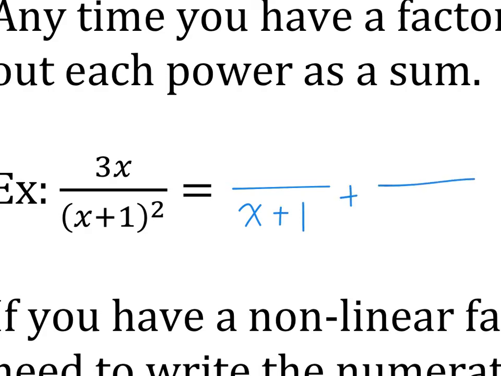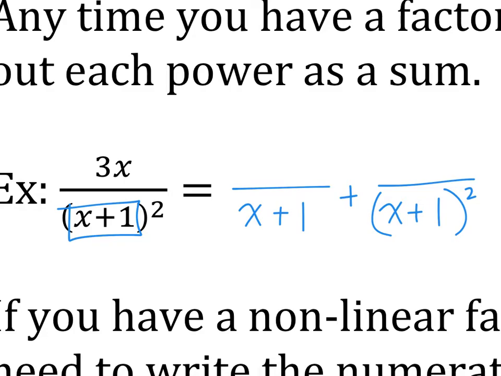So anytime you have a factor that's repeating, you have to write it again, but one power higher. Does that make sense? This is an x plus 1 factor that repeats itself. So when it repeats itself, you start with the lowest power, which is just x plus 1, and you raise by one power until it gets to whatever that degree is, which here is squared.